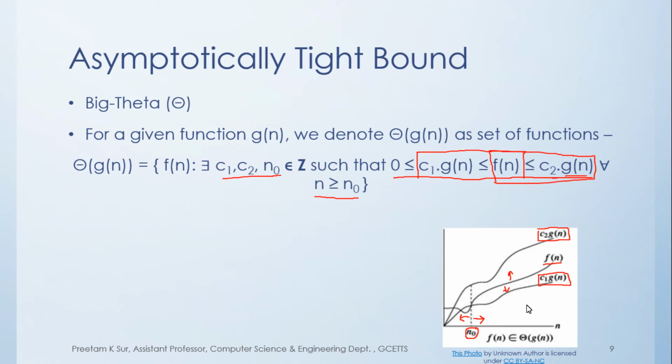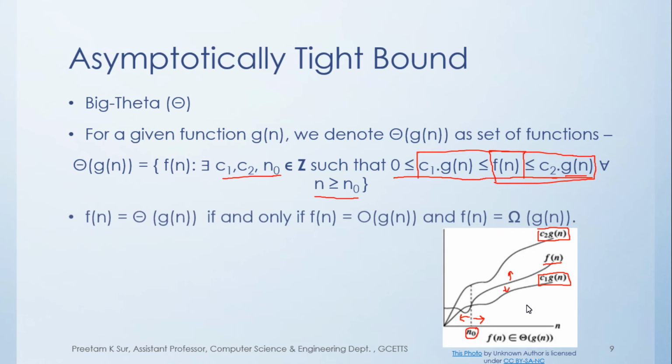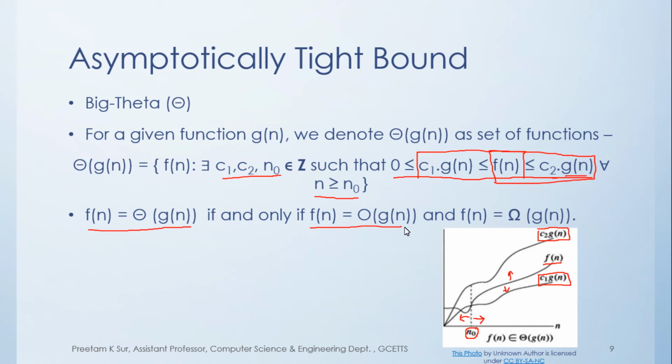So this definition of asymptotically tight bound, we can also define in another way. We can say that fn is asymptotically tightly bounded by another function gn if and only if fn is upper bounded by gn and fn is lower bounded by gn.